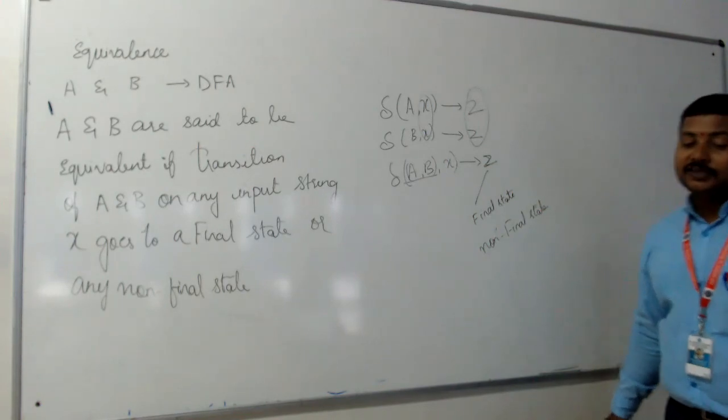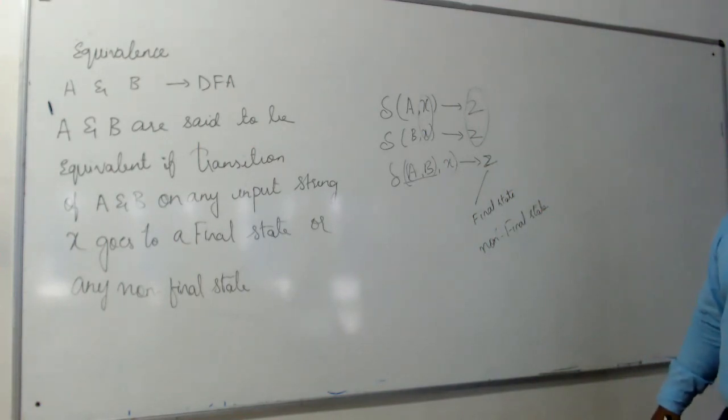Clear? This is called equivalence. Two states are said to be equivalent if on any input string they move to the same state. Clear with this? So this is equivalence.